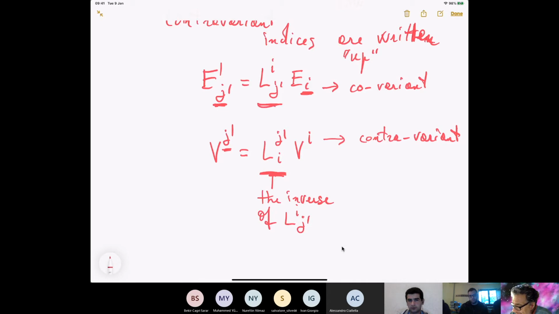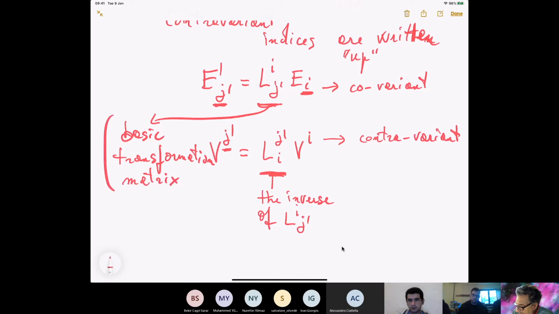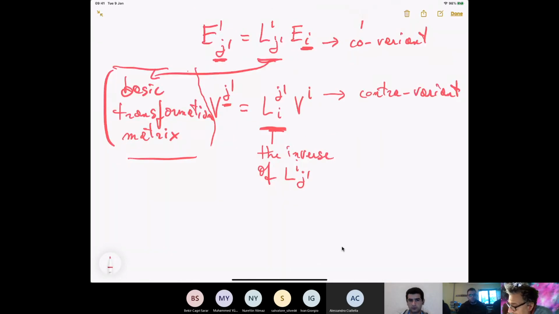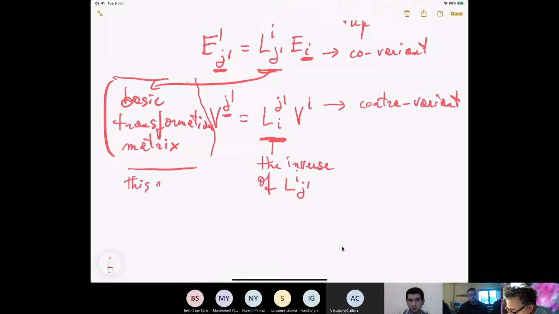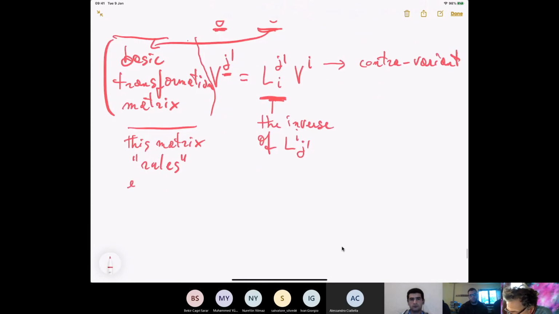This is the basic transformation matrix, which transforms the old basis vectors into the new basis vectors. And this matrix rules every other transformation.